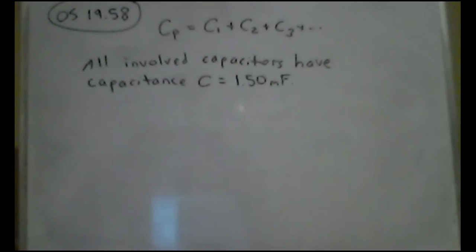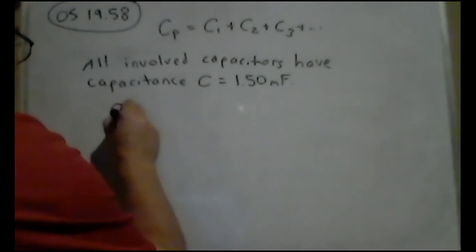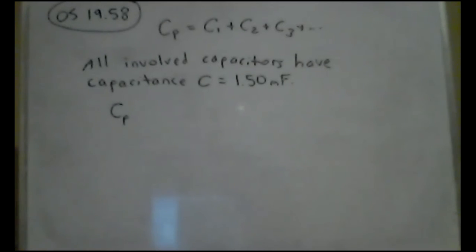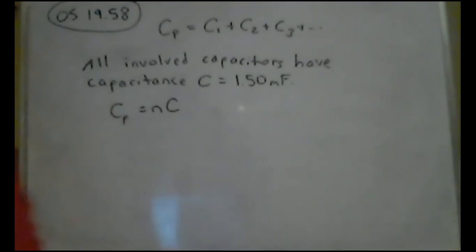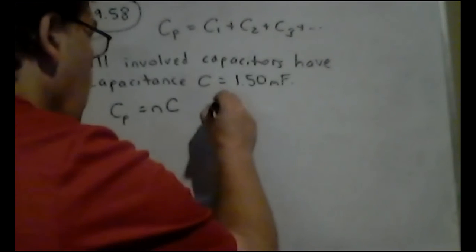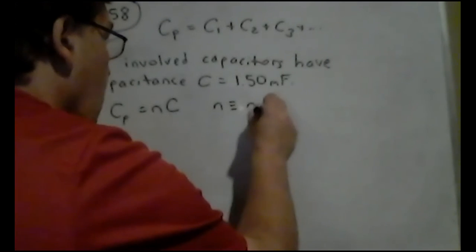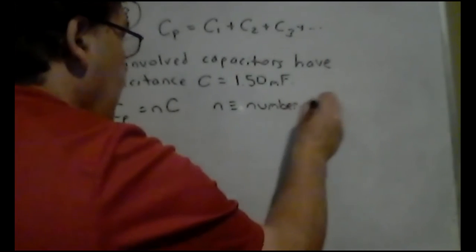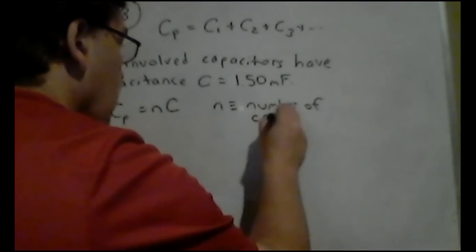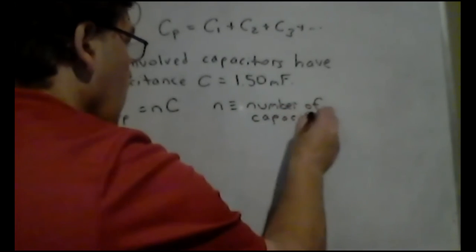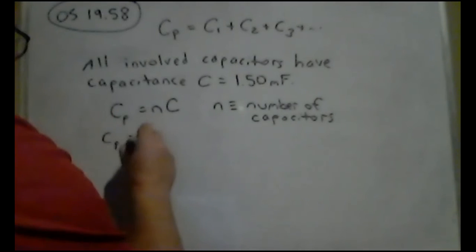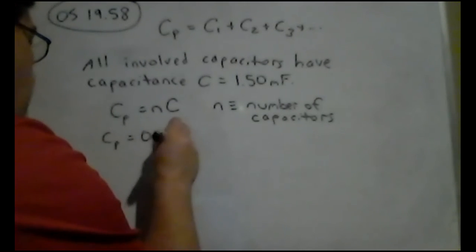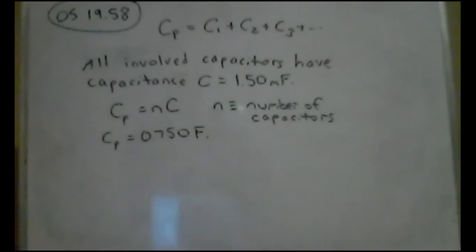So adding them all up is as simple as this: the total parallel capacitance is going to be NC, where N is the number of capacitors. C sub P is going to be 0.750 farads.